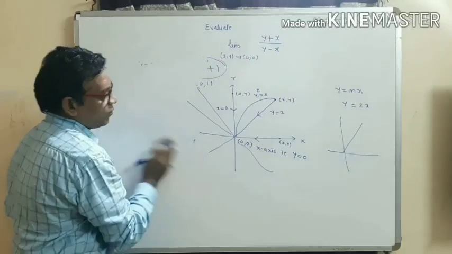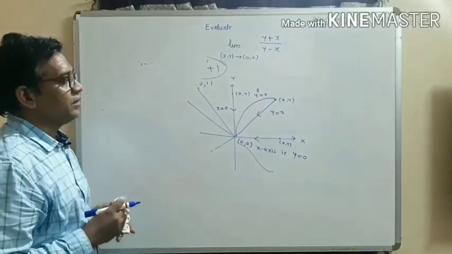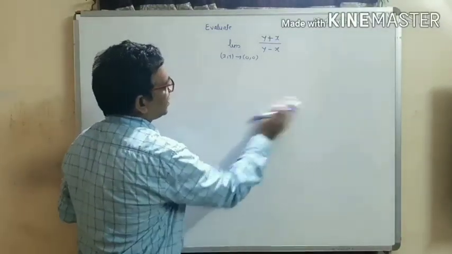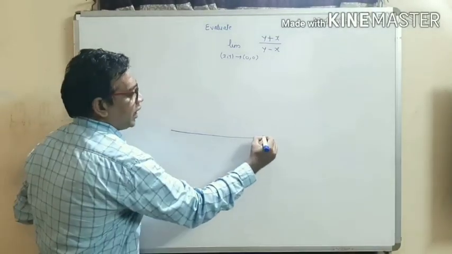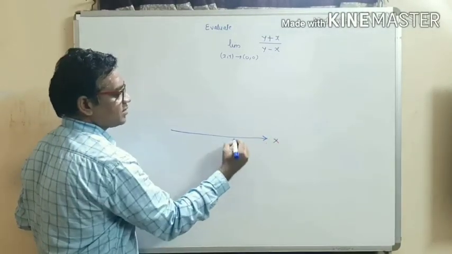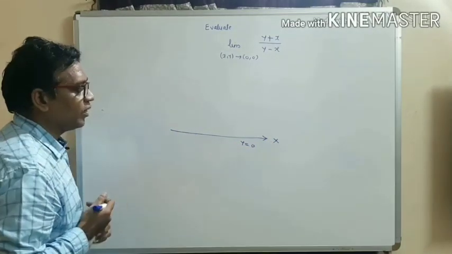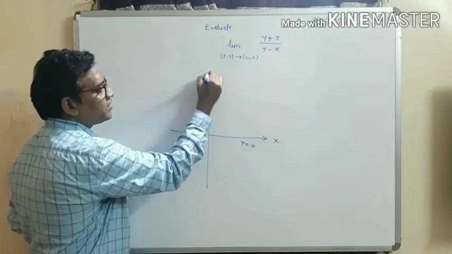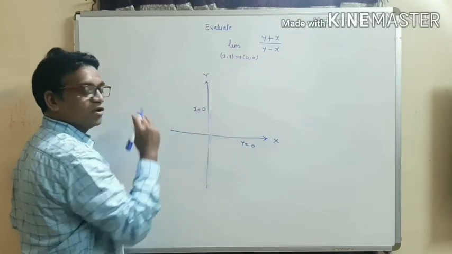Now see, what is the process for finding the limit? We just remember these three lines. The equation of the x-axis, that is y = 0, is passing through the origin. Remember the second line, the y-axis, and the equation of the y-axis is x = 0.